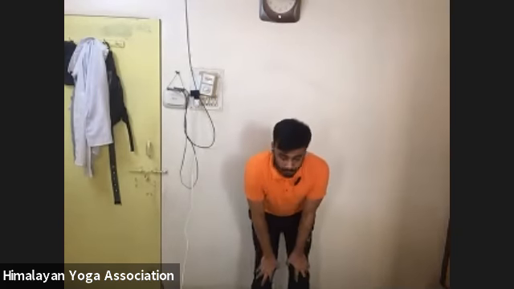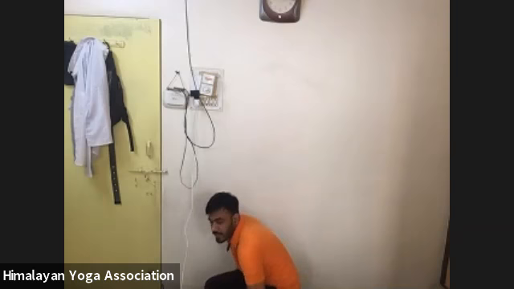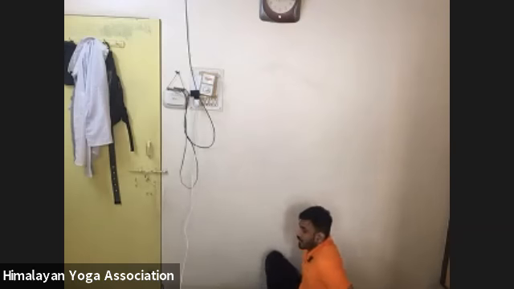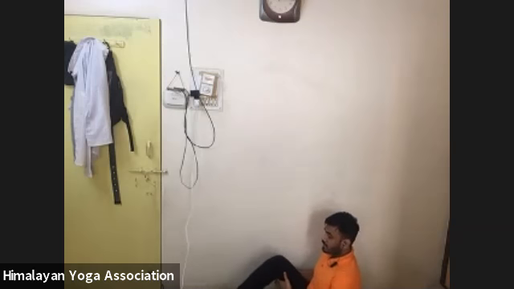So this is what happens if we bend and try to rotate the knee laterally. Can you see me when I sit here? Now, when we move this knee outside laterally, the kneecap, this is lateral rotation. This is the Pavanmuktasana series.